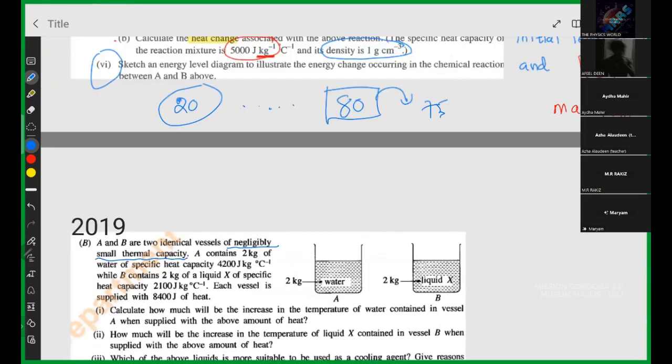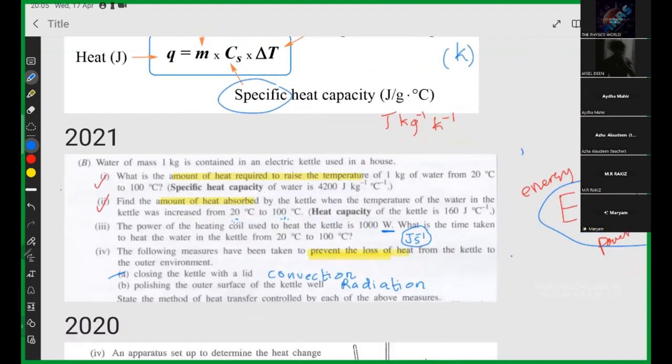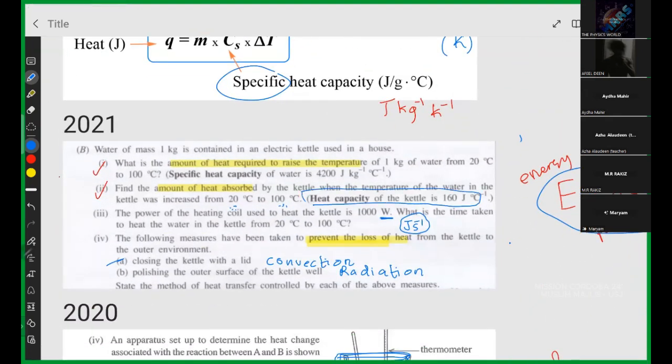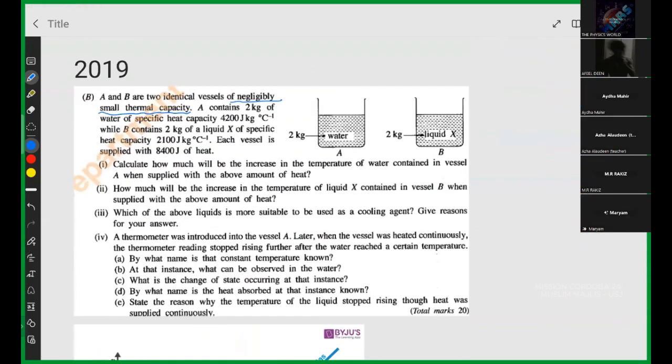In the question that we discussed earlier, they had given the heat capacity of the kettle also, and that time we had to find it for the kettle. But here they say that for the container there's no heat capacity. So in your question you have to consider only water and the liquid.